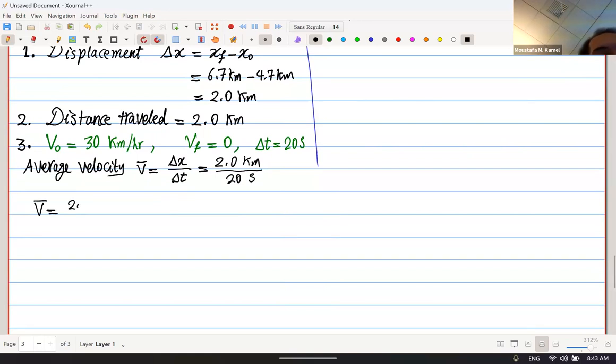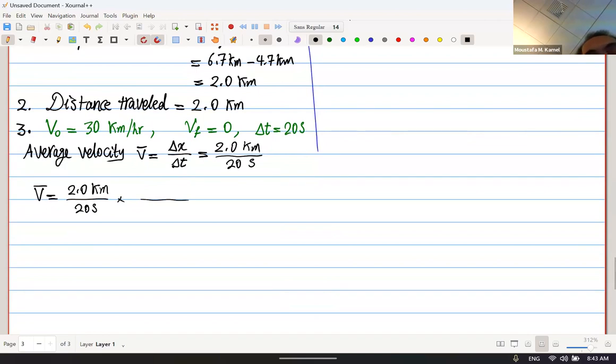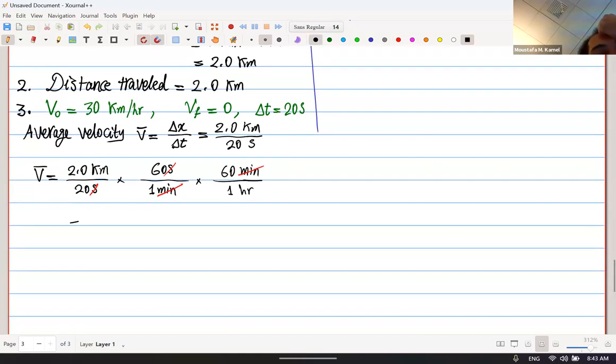So this is 2.0 kilometers over 20 seconds. We multiply that by conversion factors, as we learned last time. So there are 60 seconds in 1 minute, and there are 60 minutes in an hour. So as usual, the units cancel, and we only get kilometer per hour.